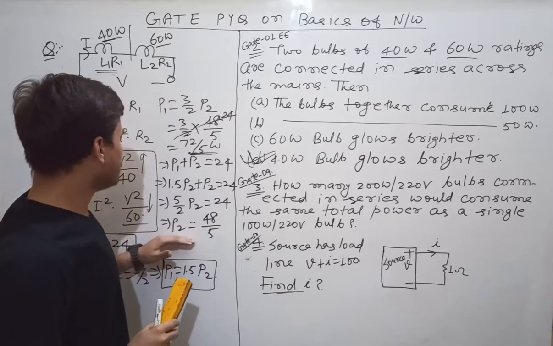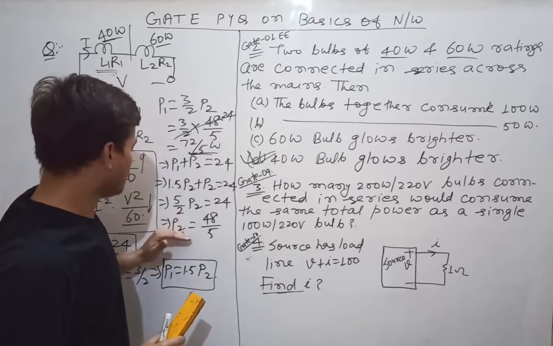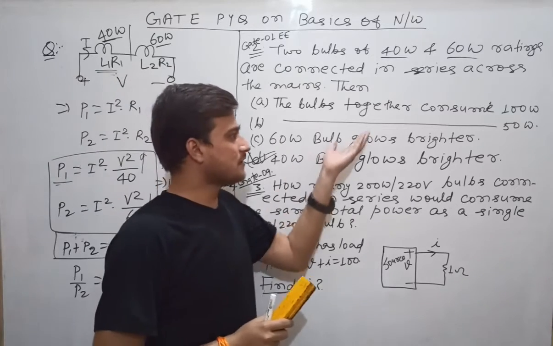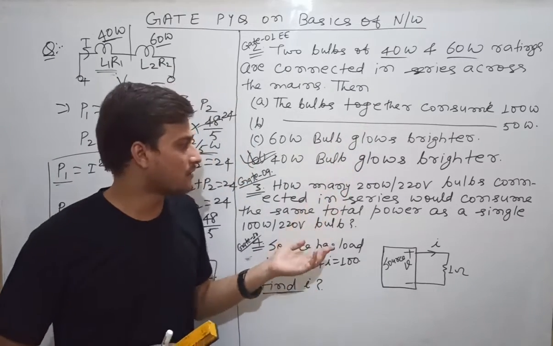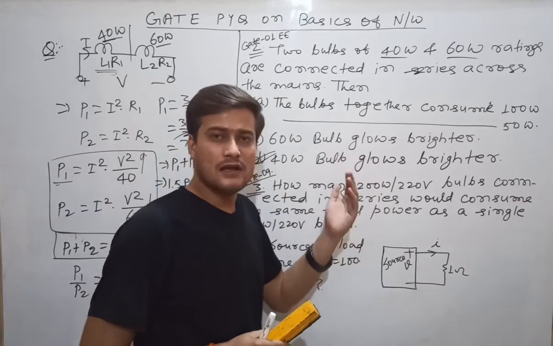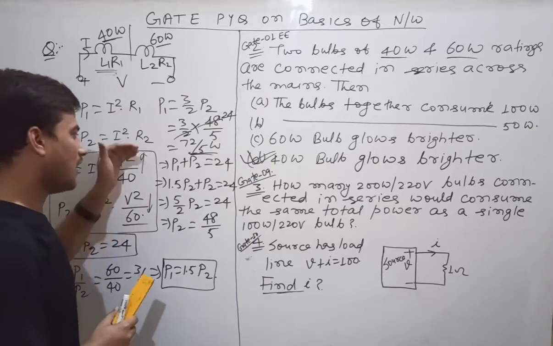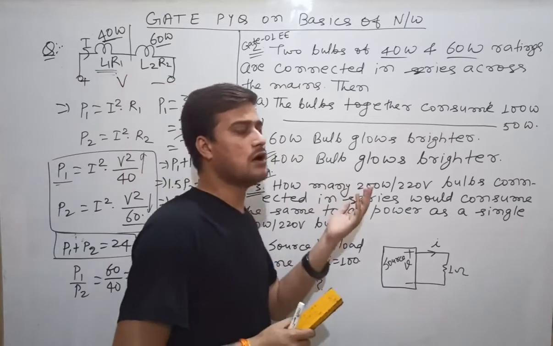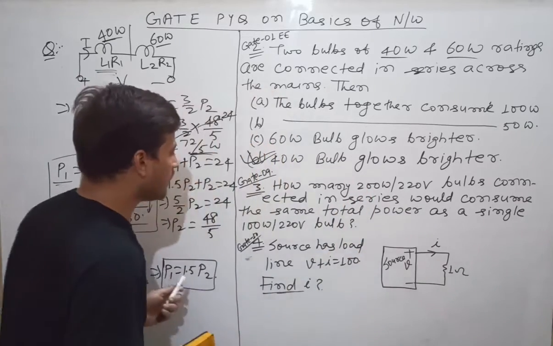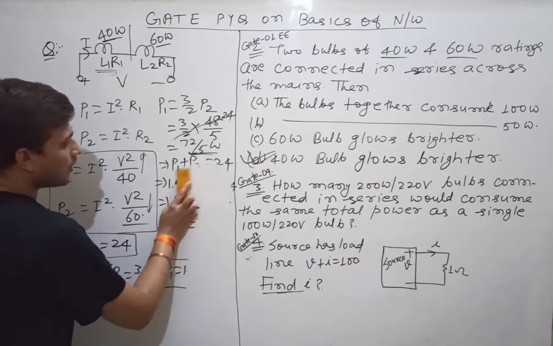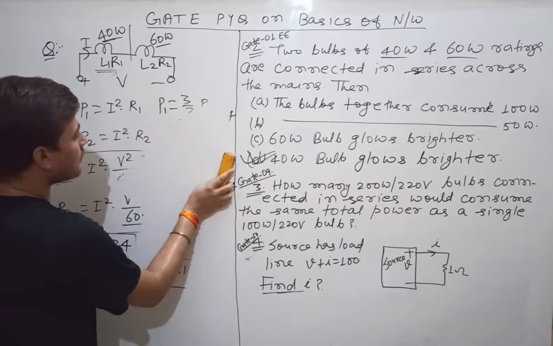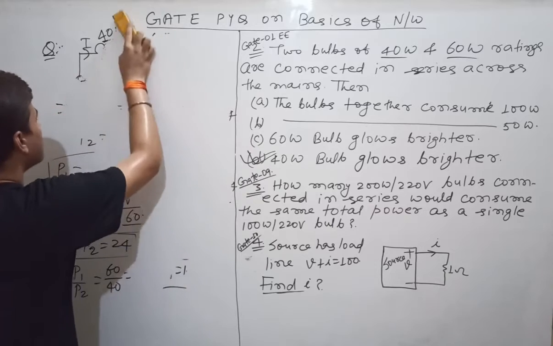So you can easily write the value of P1 and the value of P2. Since this question has been asked in the GATE examination, it is possible that in upcoming GATE examinations you may have to find P1 or P2. Clear?